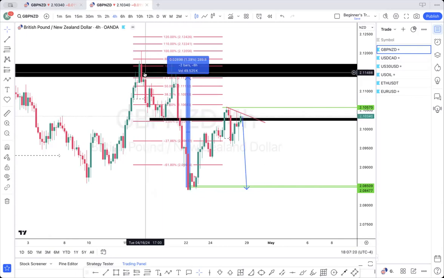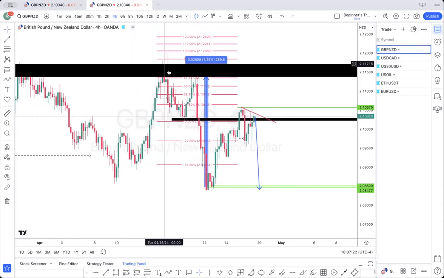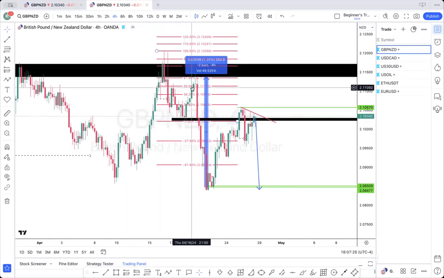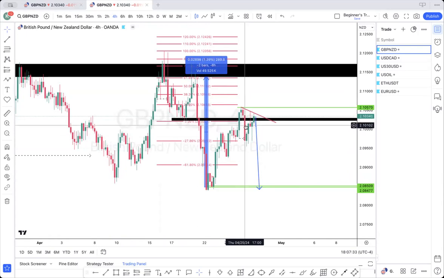So this was my daily, right? This is the 4 hour. Price came down here, reacted, pushed up. Price came through here, so I'm expecting the retest back to this zone, right?